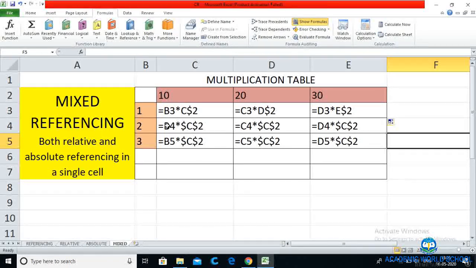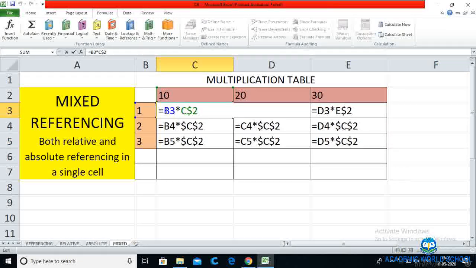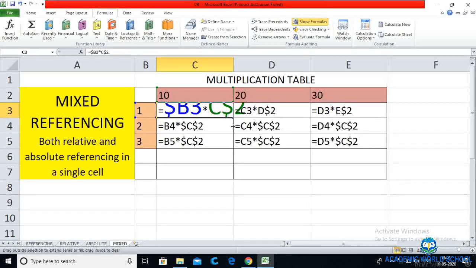But what about this B3, B4 and B5? Because this B, that is 1 to 3, is changing to C, means this column is the answer that we will get. It's wrong. So we need to fix this also. So we need to fix this B, that means column B. Because if we fix this column B, it will not change to C or D. Now simply copy the formula.